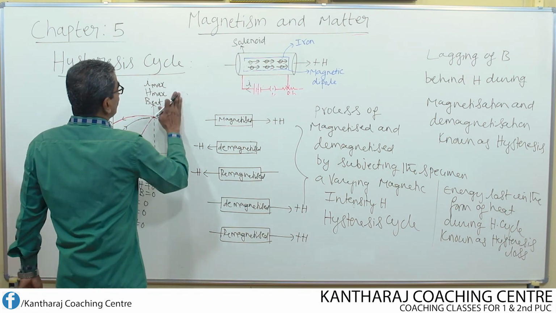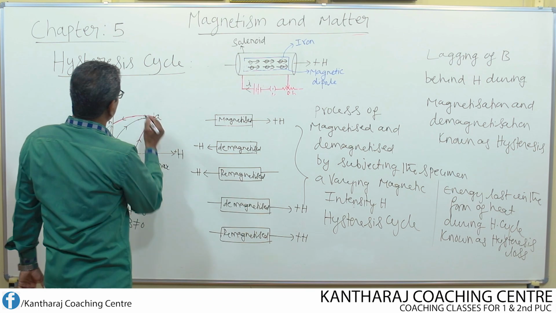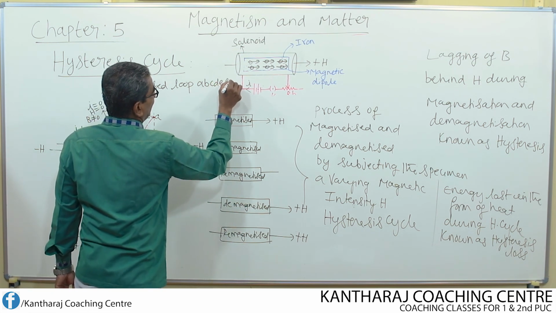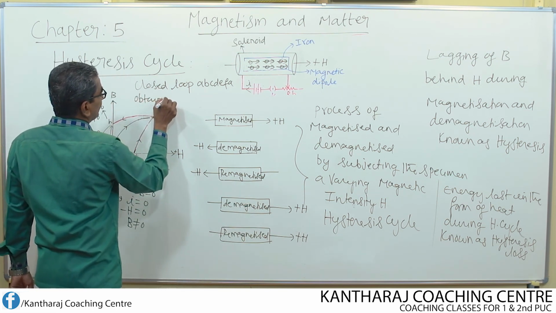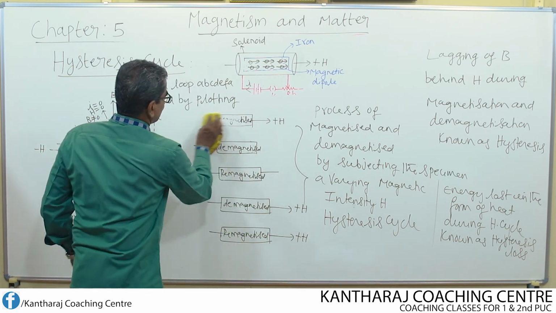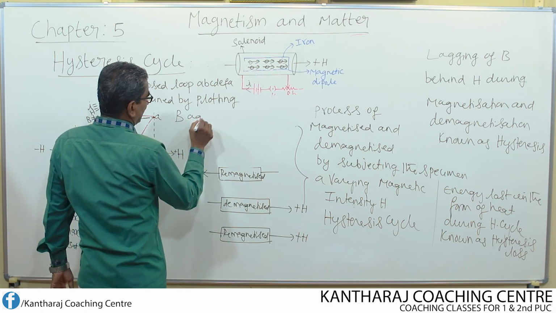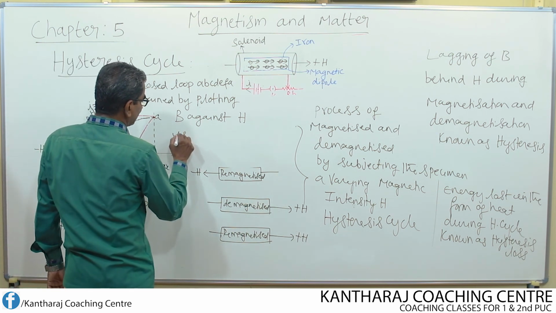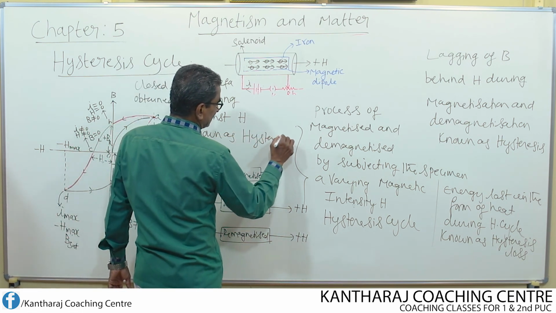So therefore, a closed loop A, B, C, D, E, F, A obtained by plotting B against H, that means taking B along the y axis and H along the x axis, is known as hysteresis loop.